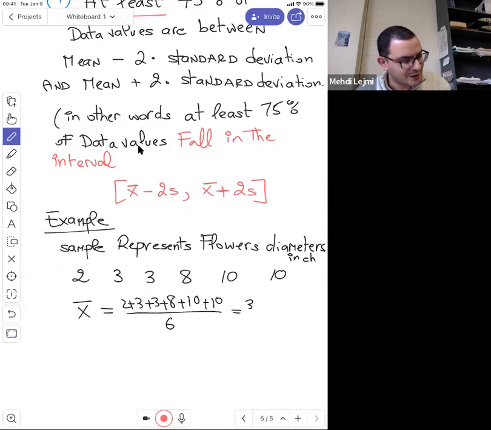We said it's 36 over 6, and the mean is 6 inches. That's our mean, X bar. And then we computed S, the standard deviation S. We said S is 3.74 inches.